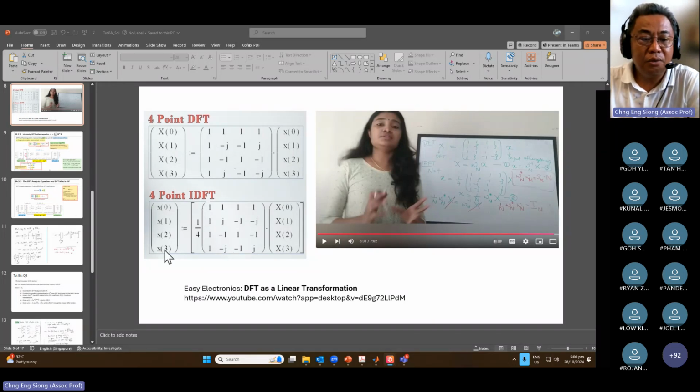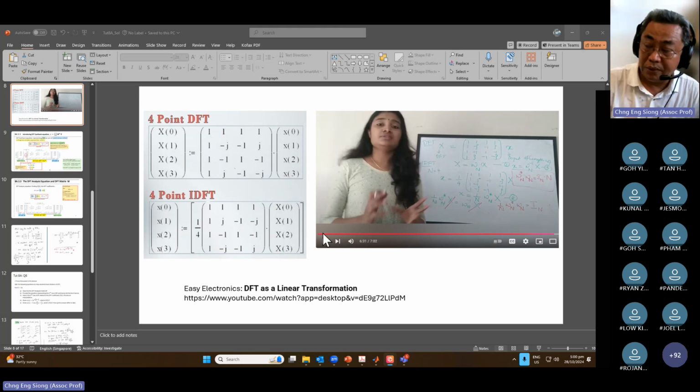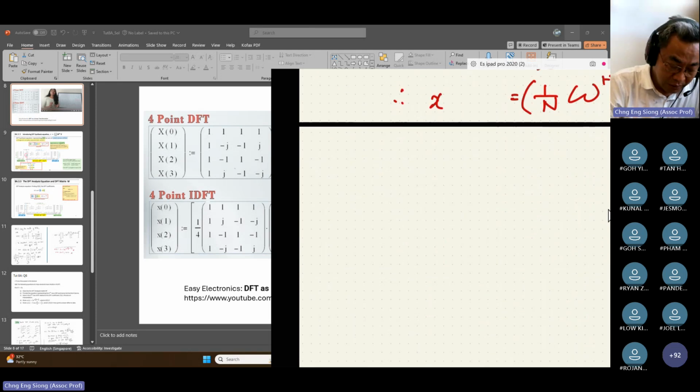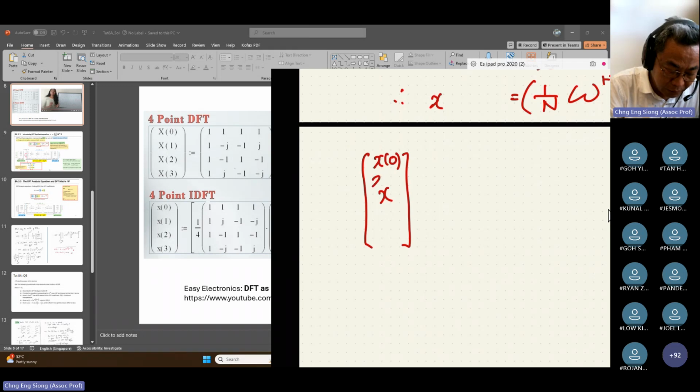4-point DFT. Once you have this equation, all you're doing is plugging in our x, and you have this matrix W and 1 over 4. Now let's try. I'm just going to write this for you now. The small x, which is small x0, small x1, small x2, small x3.